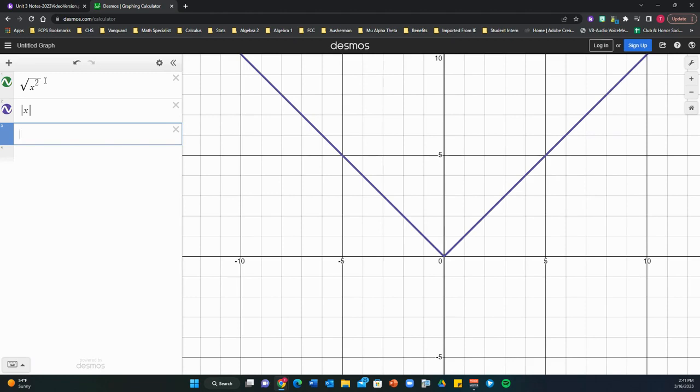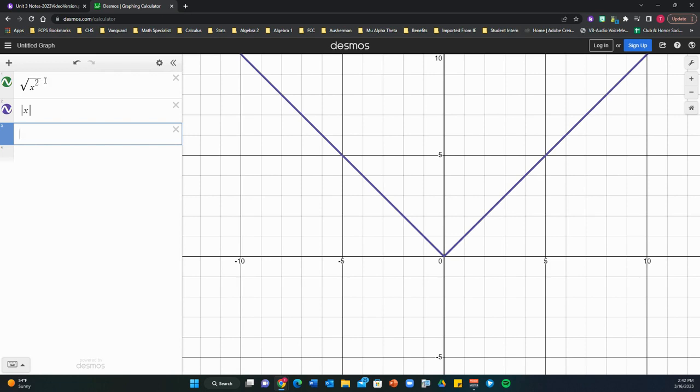When I plug in any value of x inside, the square automatically makes x squared positive, and then when I square root it, there are no issues. So when I square root and cancel out that square, we have to make sure the result of that expression still allows for positive and negative values of x to produce a positive value.